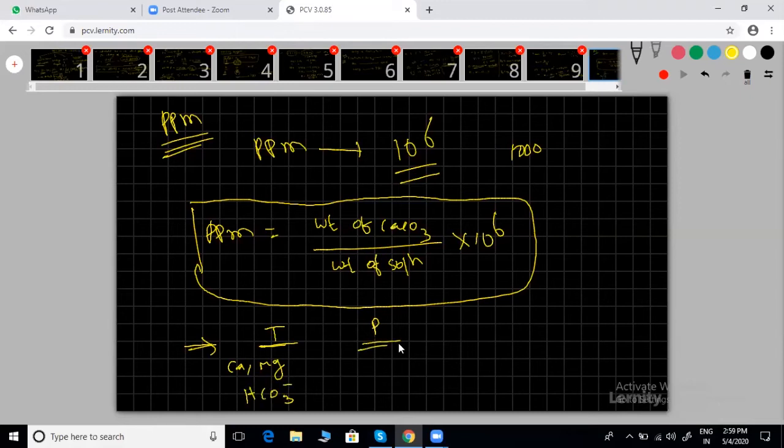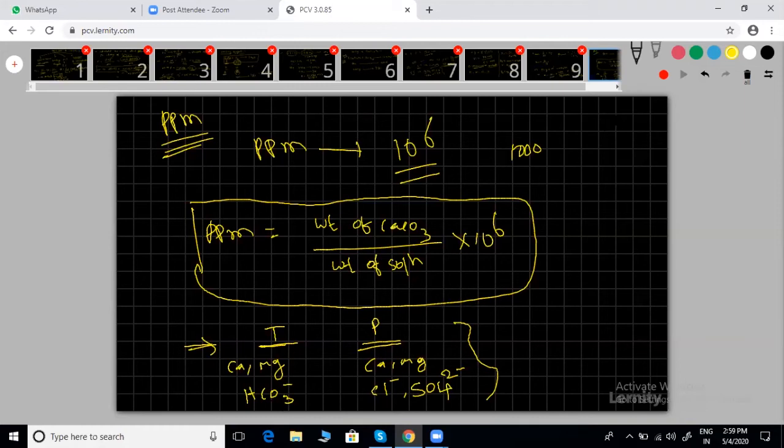Now what is permanent hardness? Calcium and magnesium chlorides and sulfates. These are mainly responsible for the degree of hardness of water, and how much of these salts is present in given water is measured in terms of ppm.